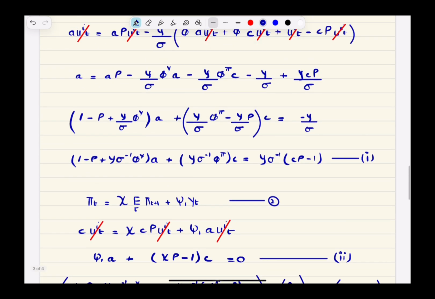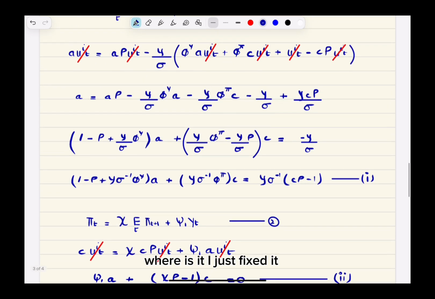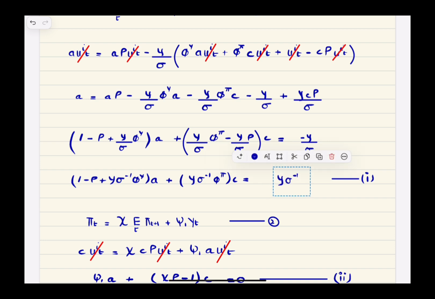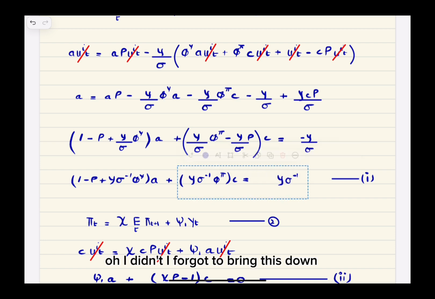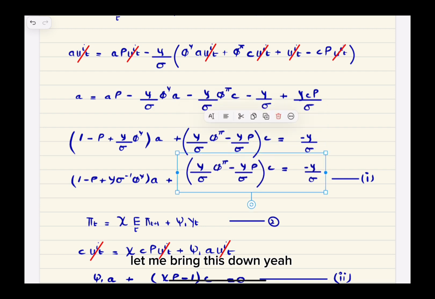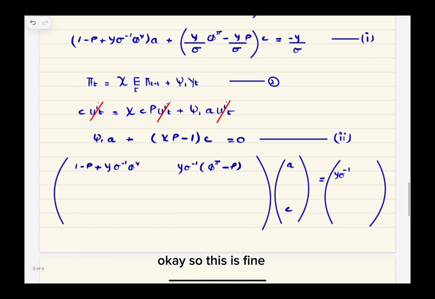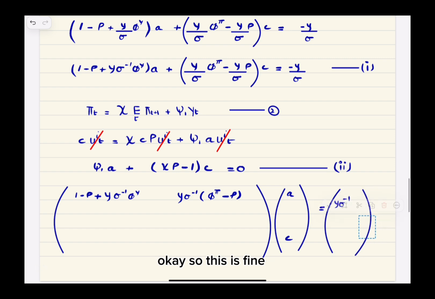Where is it? I just fixed it. Yeah, over here. There it is. And there's a negative sign here. Oh, I forgot to bring this down. Let me bring this down. Yeah, this is the fixed version. Okay, so this is fine.